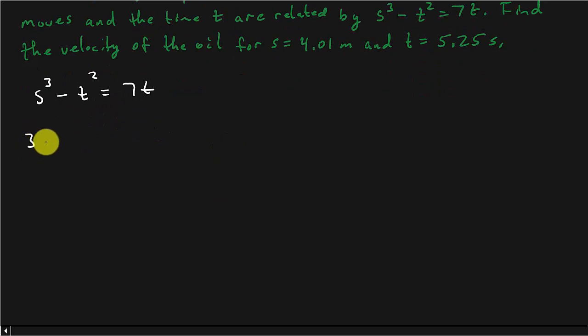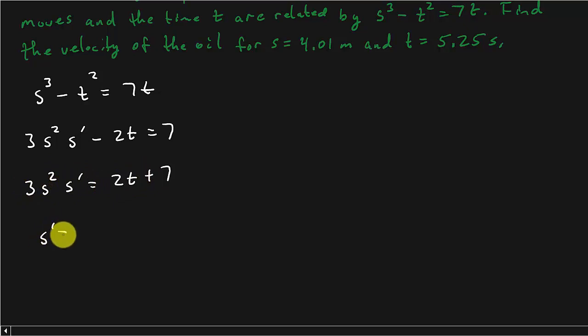All right, so let's write the function down. I've got 3s squared times s prime minus 2t equals 7. And now we solve for s prime. So I've got 3s squared s prime equals 2t plus 7. And so s prime is 2t plus 7 over 3s squared.